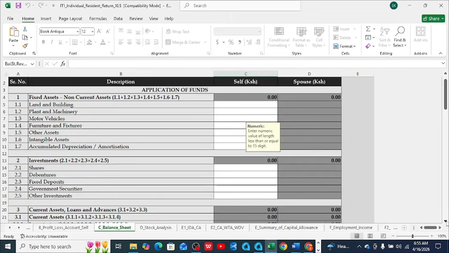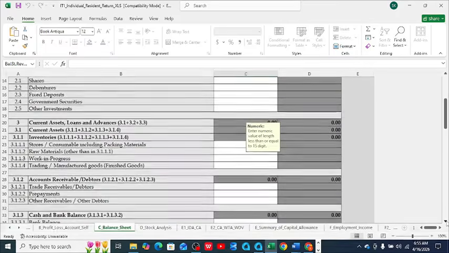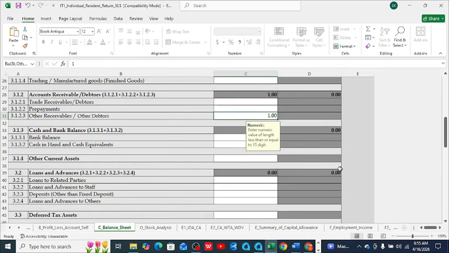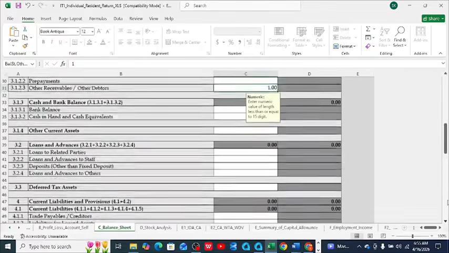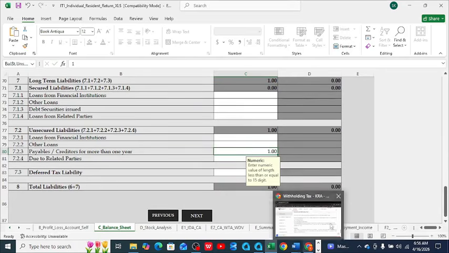So what I usually advise in most cases, you come here at the assets. You either input value 1 in any section because all of it will add up to 1, and you come to where we have other liabilities or other loans, you can put value 1 so that you can be able to submit the sheet, since it's very difficult to estimate your assets.